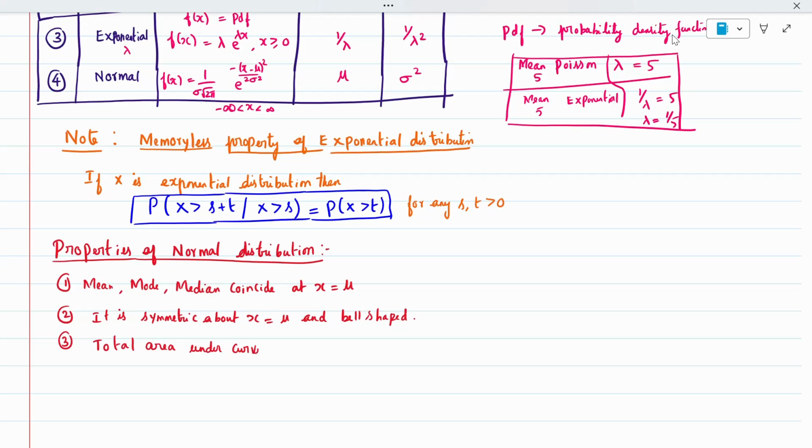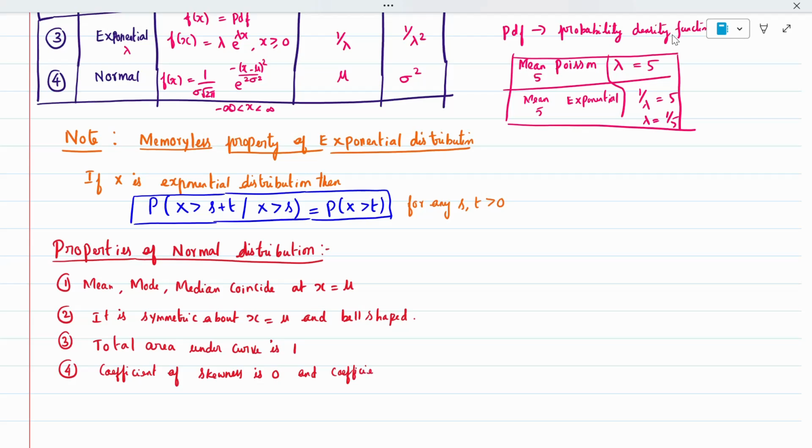Third property: the total area under the curve is 1. As everyone knows, total probability is 1, so for the normal distribution also the total probability is 1. Fourth: the coefficient of skewness is 0 and the coefficient of kurtosis is 3.